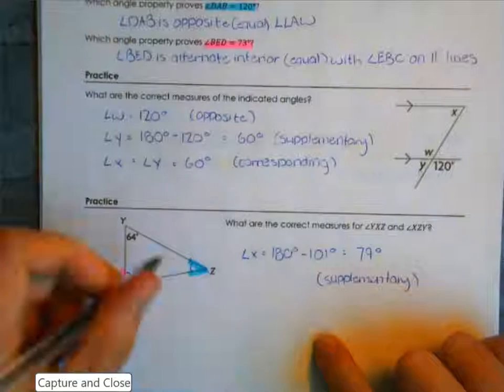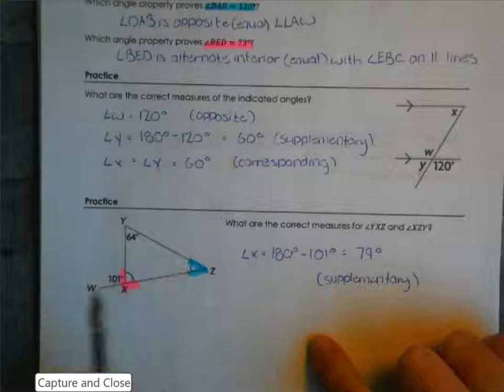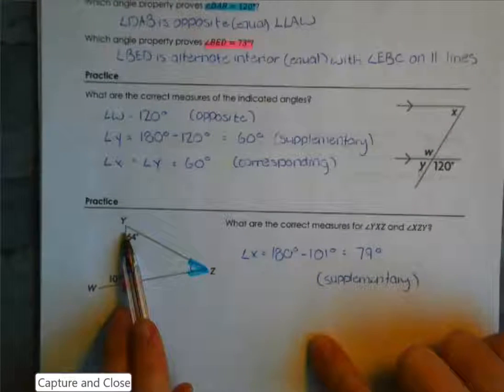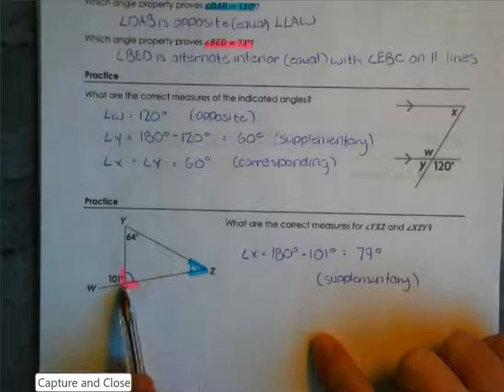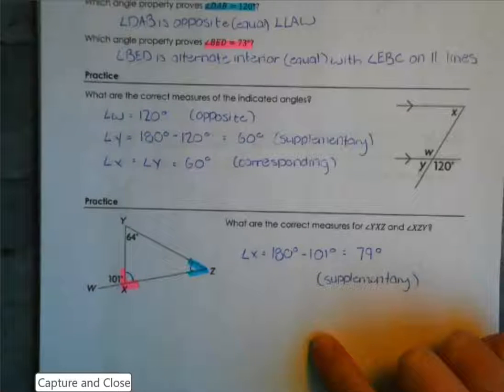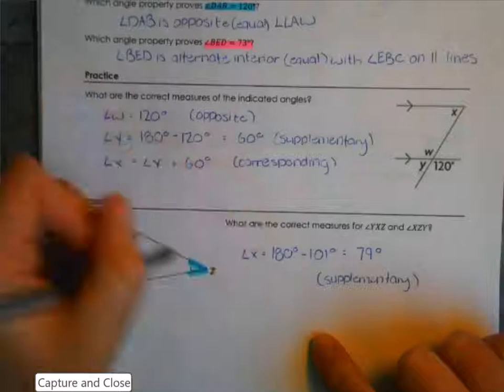Okay, what about angle z here? Well, we have this angle y is 64. We just solved for angle x as 79. The shape that we have is a triangle, so we can use our angles in a triangle adding up to 180.